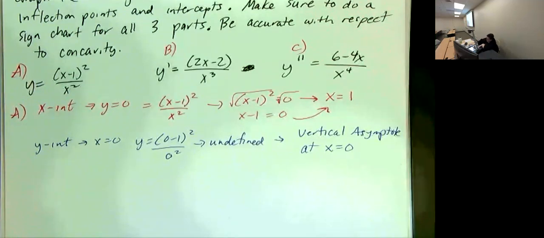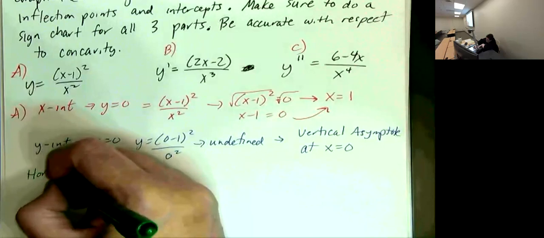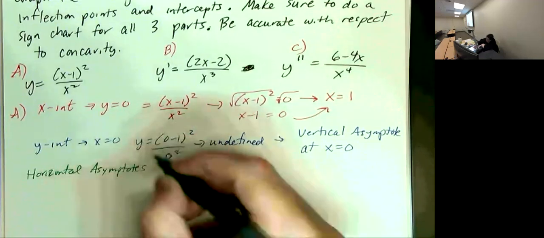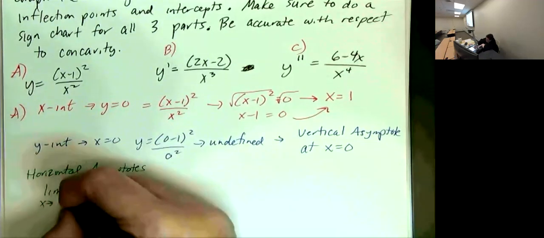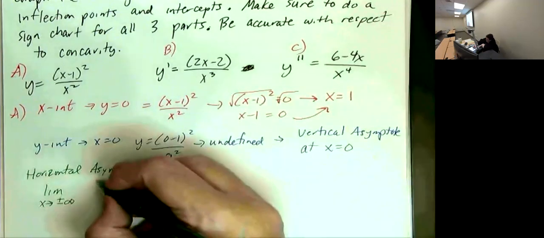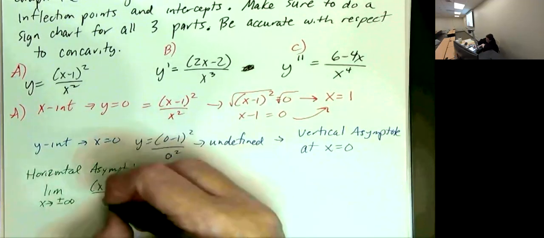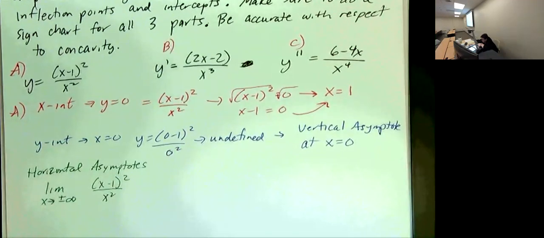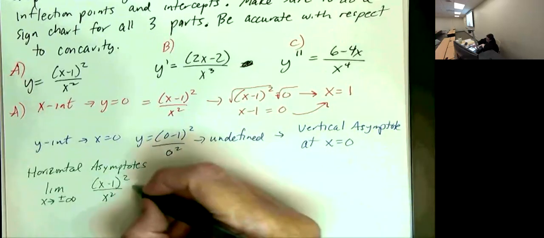Horizontal asymptotes are what happens when the limit goes to infinity. Limit as x goes to plus or minus infinity, really, of (x minus 1) squared over x squared. There's a couple ways you can do it.